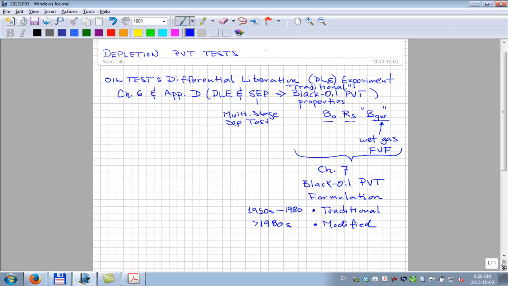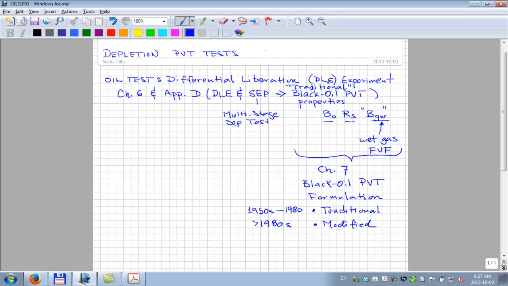So since the 1980s, most of the engineering tools, not all of them, allow you and recommend that you use the modified black oil PVT methodology. Most of the reservoirs in the North Sea require it because they have higher pressure and a higher amount of gas content in the oil, certainly a good portion of them. If you neglect that, then you'll be doing something seriously wrong.